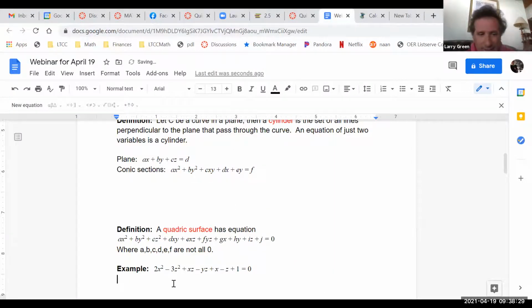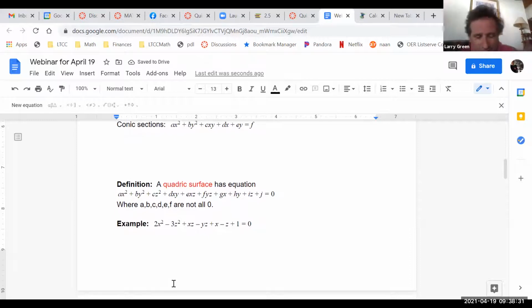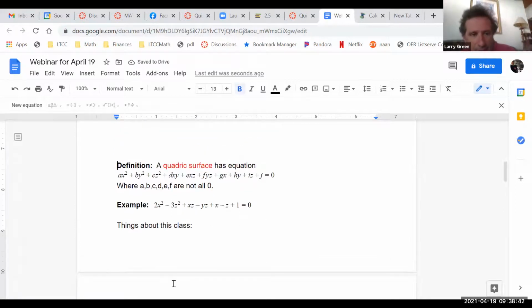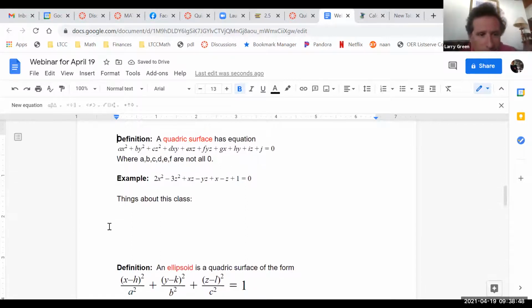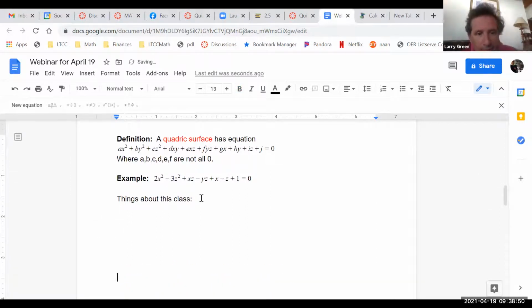So here are some things about the class. One, we will always let D equals E equals F equals 0.